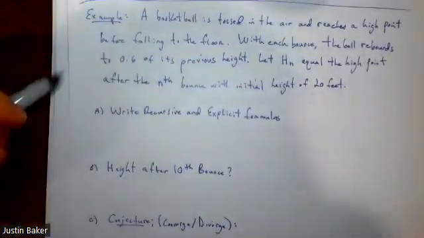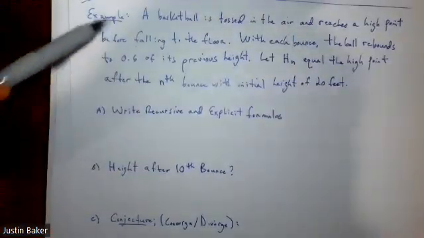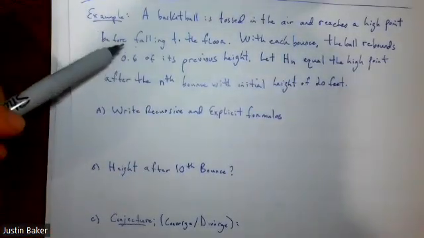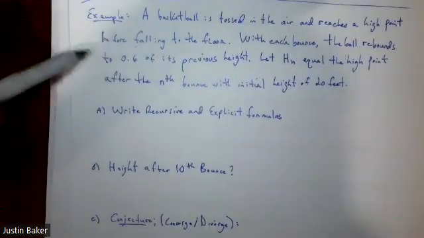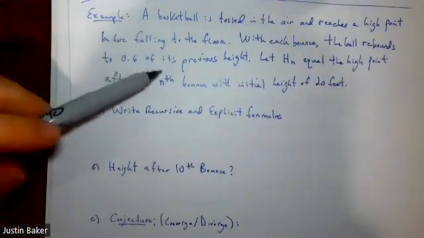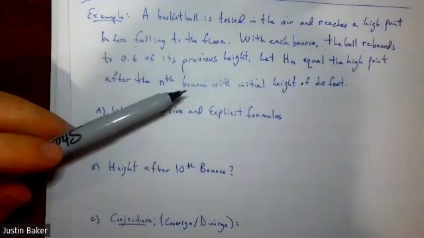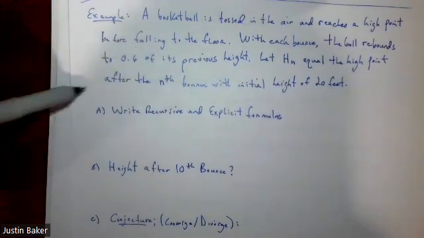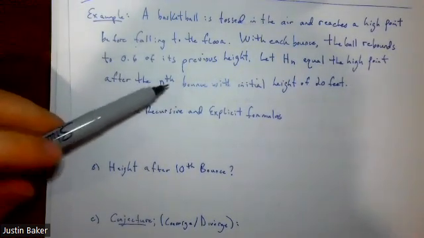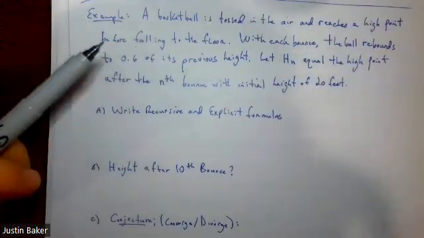A basketball is tossed in the air and it reaches a high point before falling to the floor. With each bounce, the ball rebounds to 0.6 of its previous height. Let h of n equal the high point after the nth bounce with initial height of 20 feet.